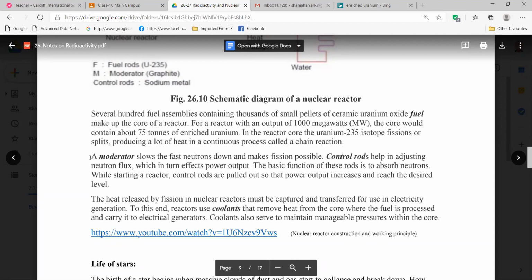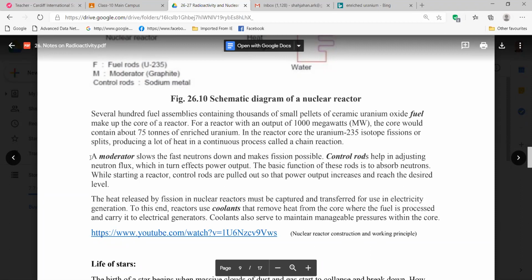If a neutron has too much kinetic energy, is too fast, then the fission does not work properly, because the uranium has to absorb the fast moving neutrons in the nucleus. If the neutron is too fast, then it cannot absorb it.